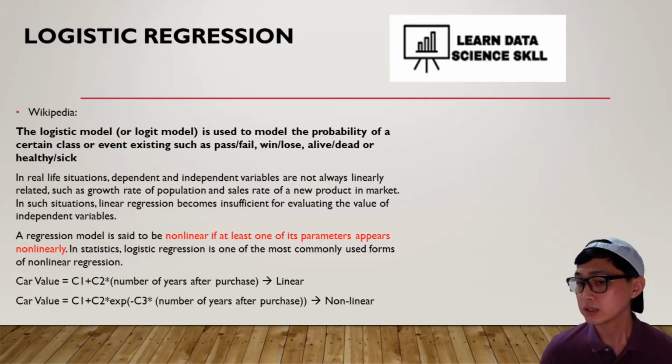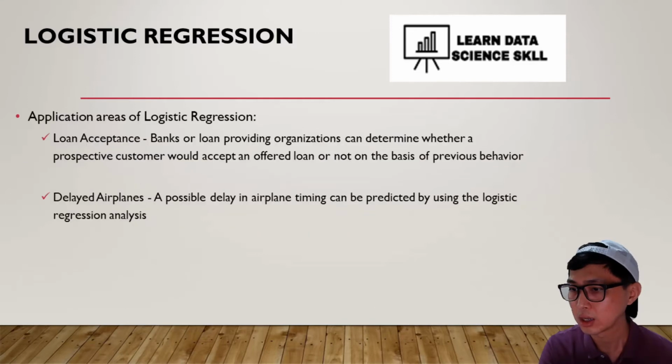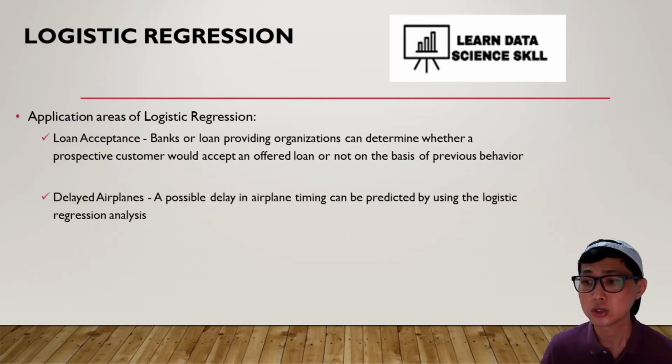So you can see that in certain cases we have to use different kinds of functions for the purpose of our prediction. In the second slide, we can also look at the application areas of logistic regression, such as loan acceptance. For example, banks will use logistic regression to predict whether a customer will accept an offered loan or not based on their previous behavior.